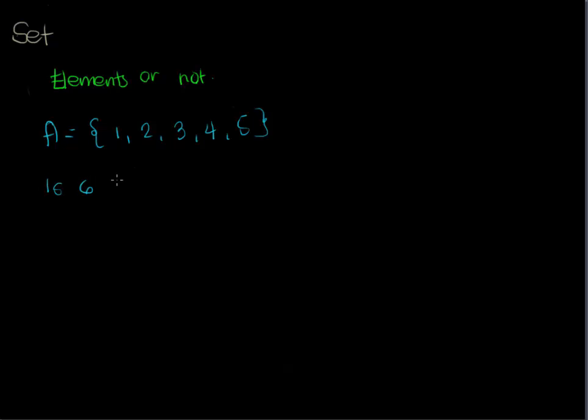Is 6 an element of set A? Your answer is going to be no, and my answer as well. Because obviously speaking, 6 is not part of the elements here. There's no 6 here, right? So basically you can say 6 is not an element of set A.